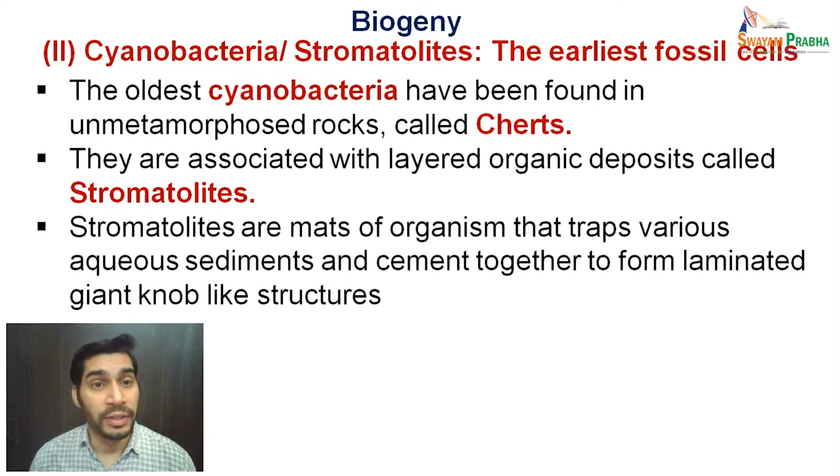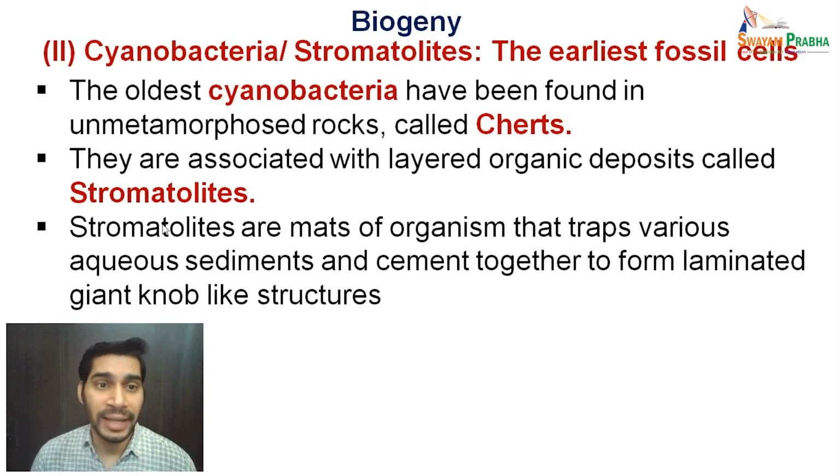So after methanogens, let us move forward to the earliest fossil cells known, which are of cyanobacteria. The oldest cyanobacteria have been found in unmetamorphosed rocks, which we call cherts. They are associated with layered organic deposits, which we call stromatolites.